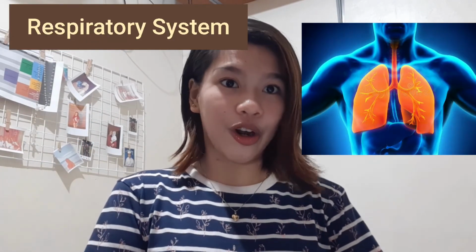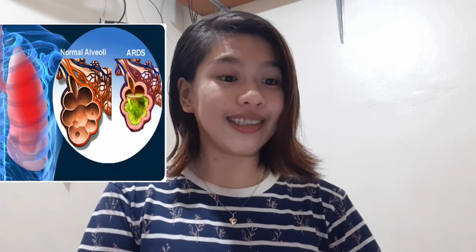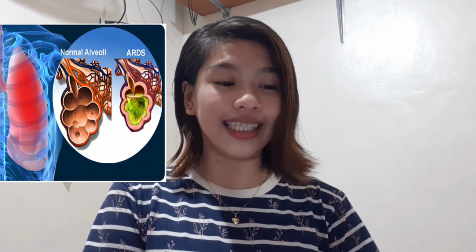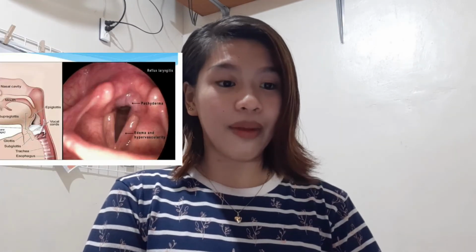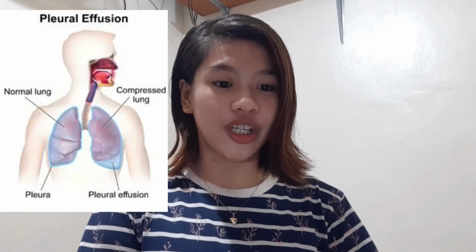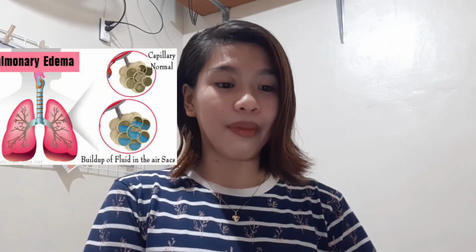And the seventh system is the respiratory system. My side and adverse effects are acute respiratory distress syndrome or ARDS, laryngeal edema, pleural effusion, pulmonary edema, pulmonary embolism, dyspnea, and sinusitis.